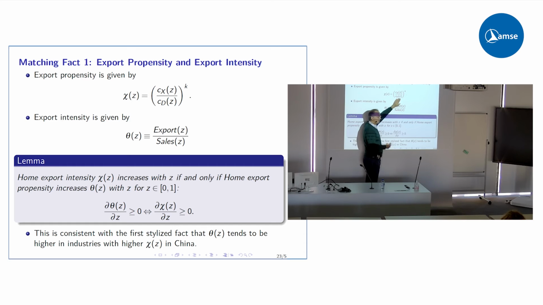But since you have Pareto and a continuum of firms, due to the law of large numbers, it can be related to something ex ante, which is the probability that the firm exports. And this is the export propensity.